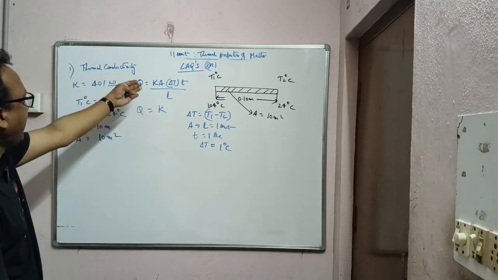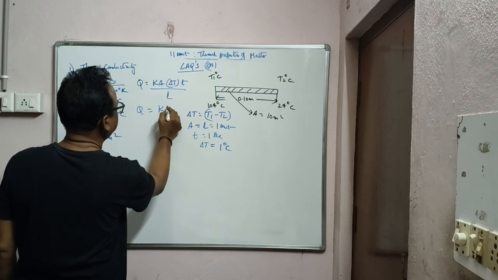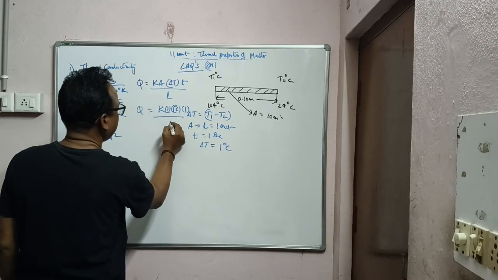Now put all the values there. Then K is equal to Q with area 1 unit, delta T 1 degree centigrade, time 1 second, length also 1. What happens?